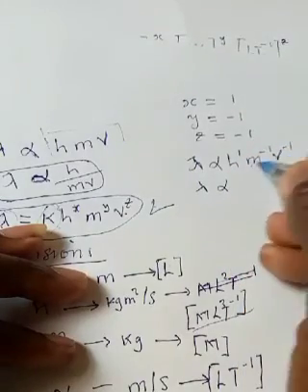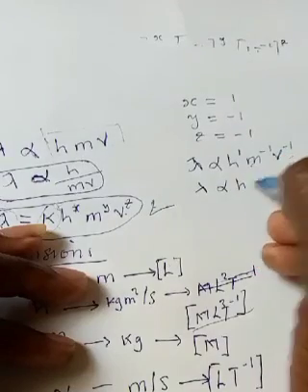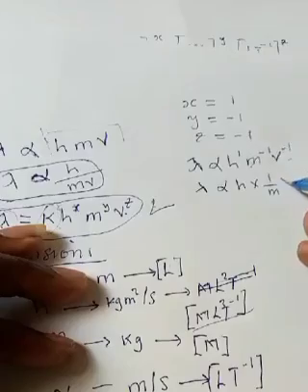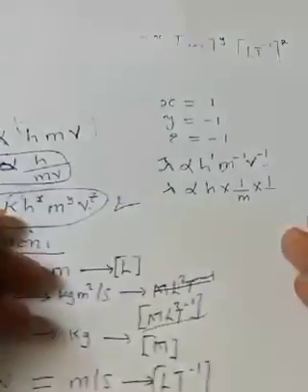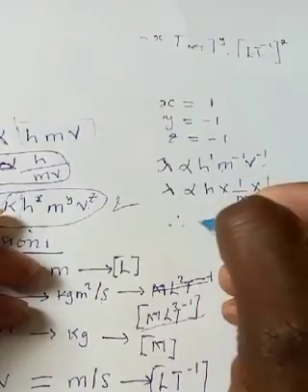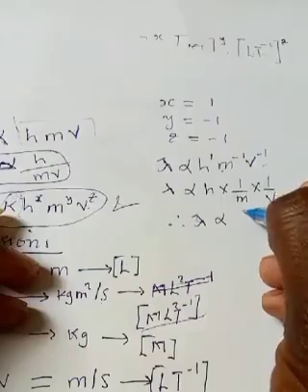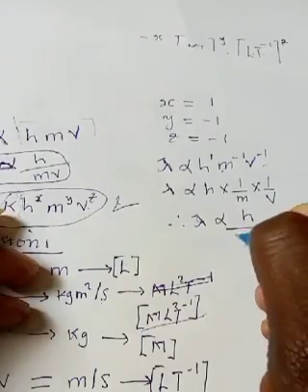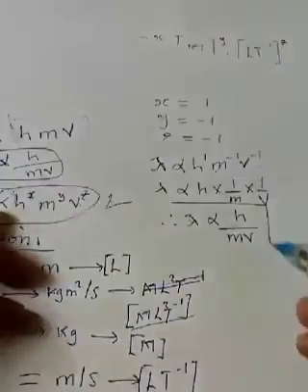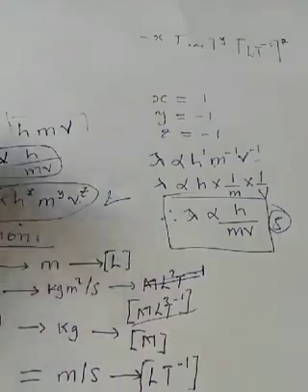Since this is just one and the same, you drop them, we're going to say h multiplied by 1 over m multiplied by 1 over v. Therefore, lambda is directly proportional to Planck's constant over mass multiplied by the velocity. Then you deserve your 5 marks. And that's how we were supposed to answer this question.